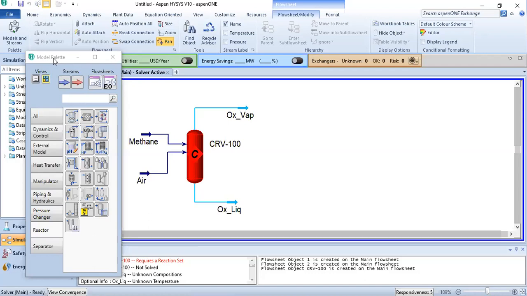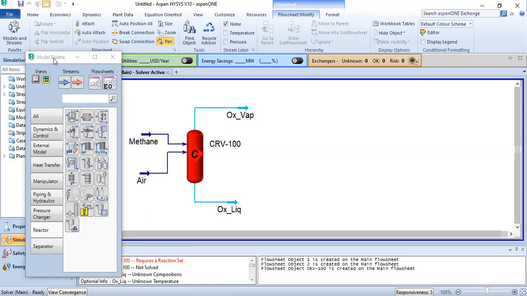Remember, after selecting the component list and thermodynamic package, we have added the reaction and renamed it as the oxidation reaction. Since we have added the reaction in the beginning, that is why we are getting oxidation reaction from the drop down. If we had not entered the reaction, then we would not be able to get this.